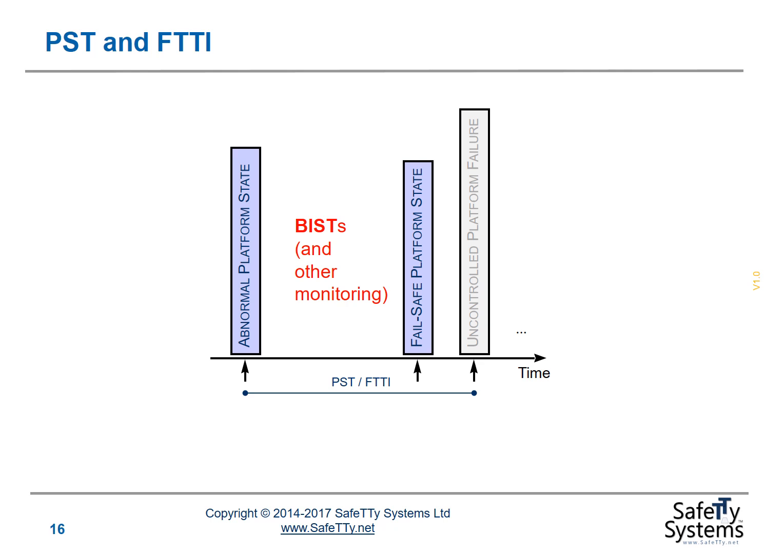Of course, it may be possible to perform other forms of recovery. For example, a same-mode reset might allow us to recover and to continue normal system operation. But by default, our simplest mechanism to avoid an uncontrolled platform failure is to use the BISTs and other monitoring to bring the system into a fail-safe platform state.